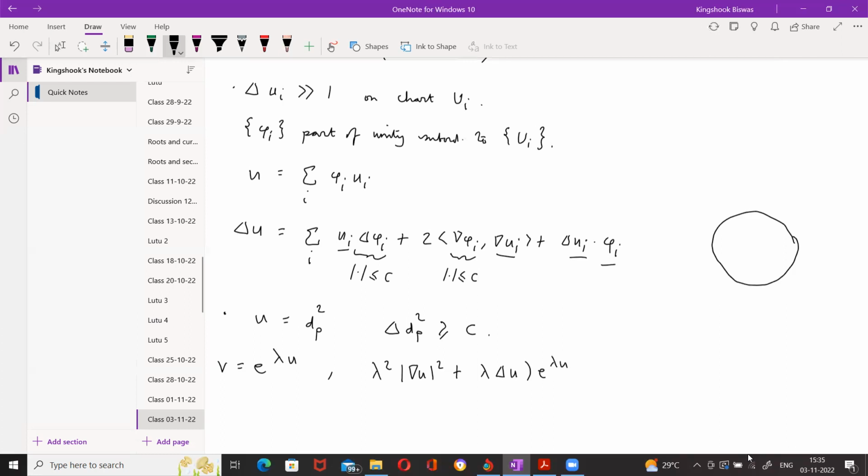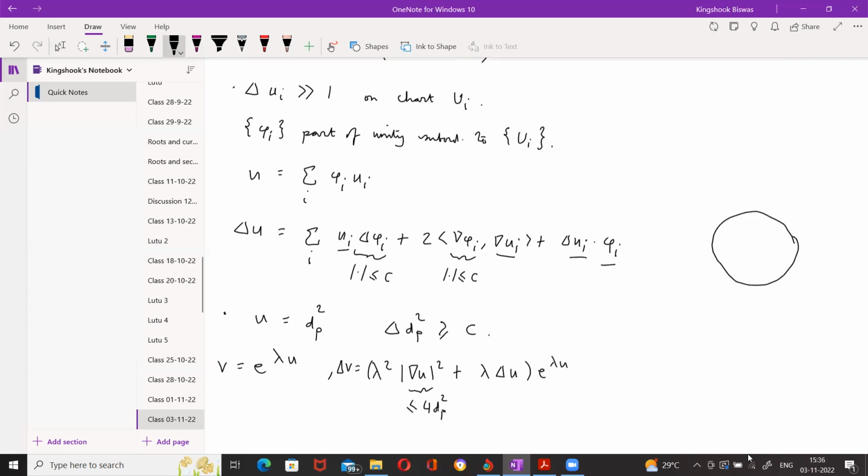This will be the Laplacian of v. And this mod grad u, you know what it is. This is less than or equal to the distance squared, because you'll have a 2 times distance times grad of the distance, which is 1. So 2 distance squared, that's 4, less than 4 d_p squared.